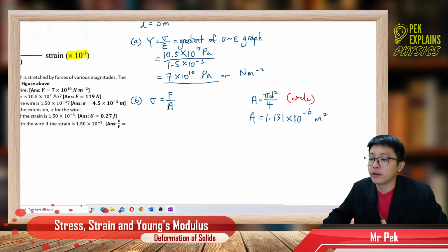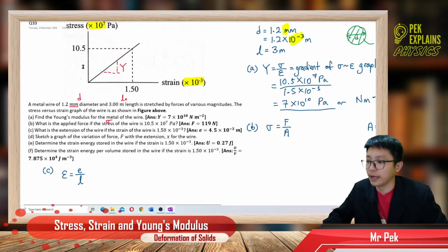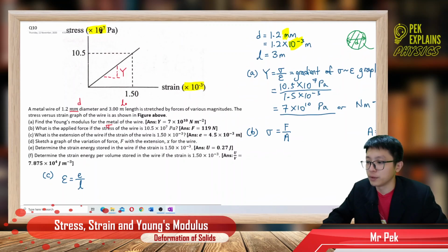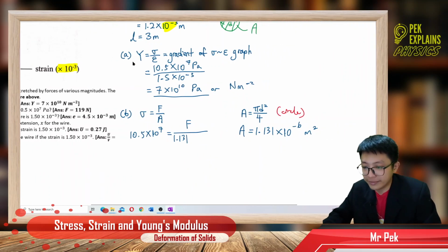Okay, so I got the area. And the stress applied is 10.5 exponent 7 Pascal, force over area. Area is 1.131 exponent negative 6.